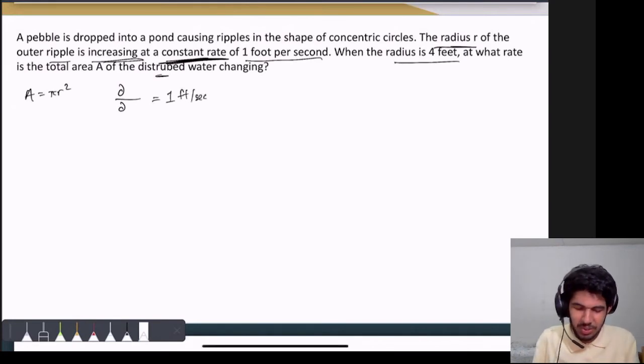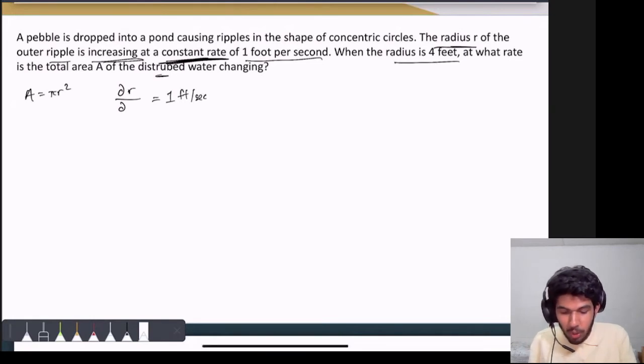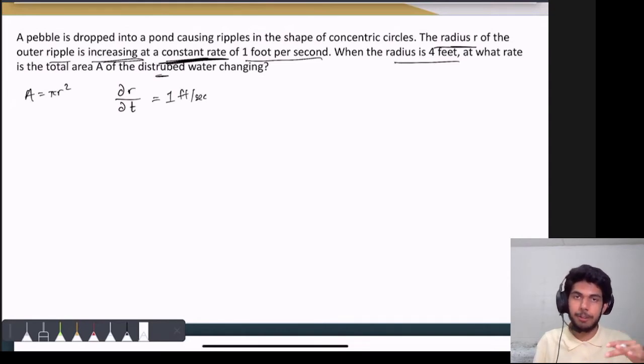And if we look at the units, we might be able to guess what we're taking the derivative of, but it should also be intuitive from the problem. The rate of change of the radius is 1 foot per second. Second is a measure of time. So now if we read this out loud, the rate of change of radius with respect to time is 1 foot per second. That should make sense, right?